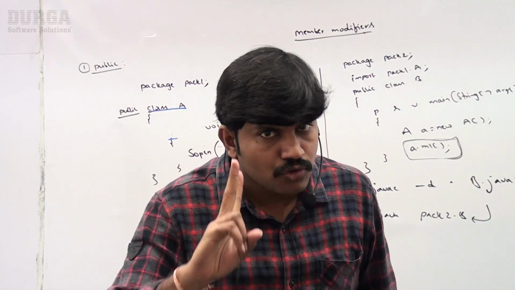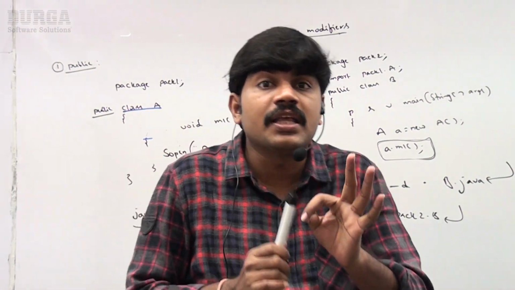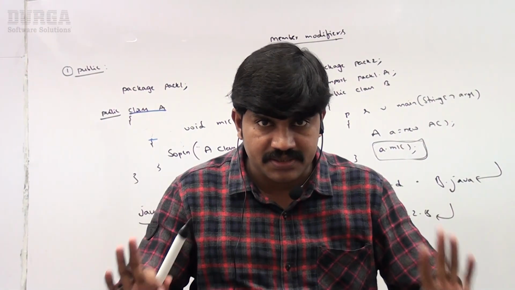Clear, right? So two modifiers are very clear: public modifier and default modifier for members. Up to this we covered public members and default members. Now the next one I have to discuss, private members.